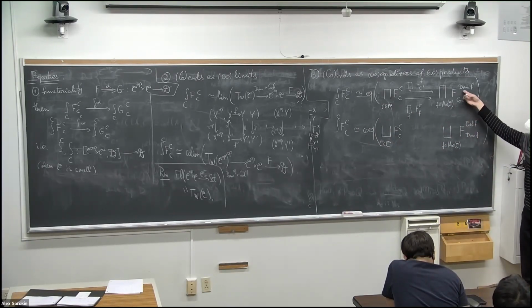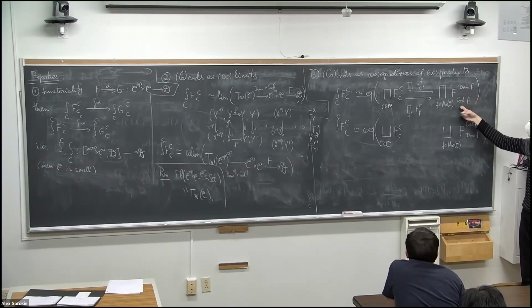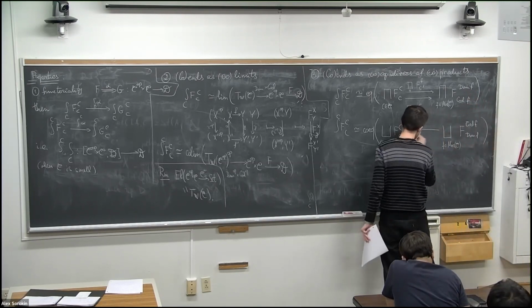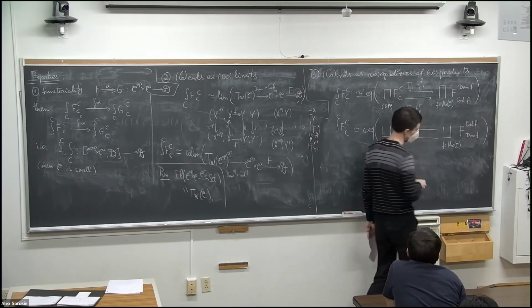Here was first the domain and codomain; here should be codomain, then domain. And arrows are going in the opposite way.